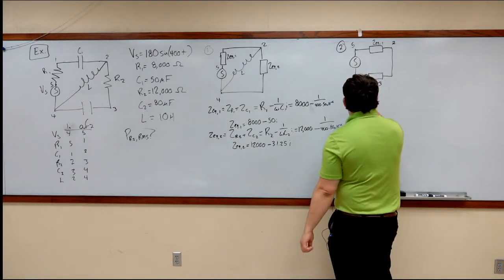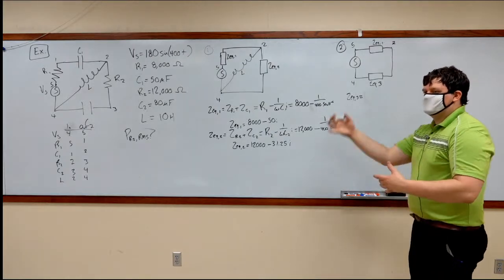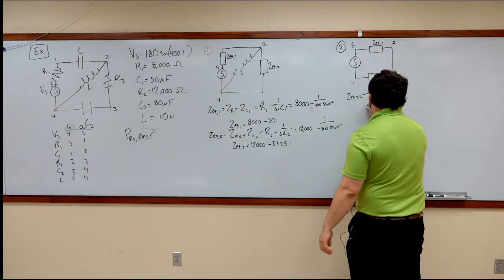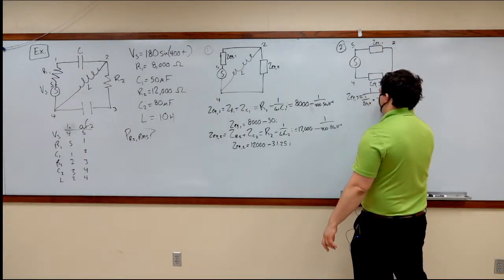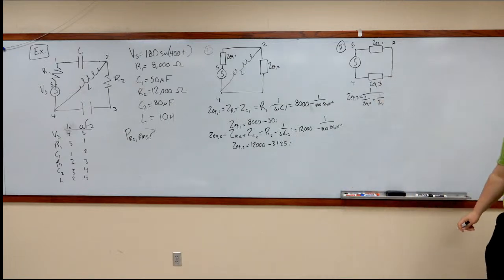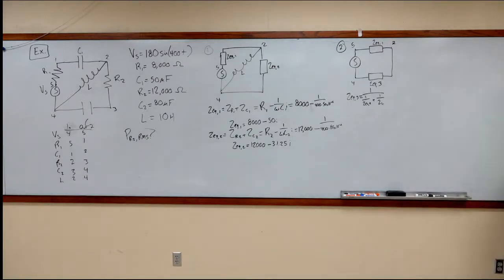So what is ZEQ3 equal to? Oh, you know what? I need to actually give you the formula. These are in parallel, so we have to use our parallel formulas now. This ends up equaling 1 over ZEQ2 plus 1 over ZL. My bad, sorry. I need to tell you these things before I ask them of you. This is the parallel equivalence for our resistance formula.